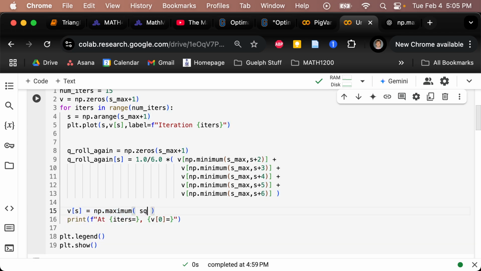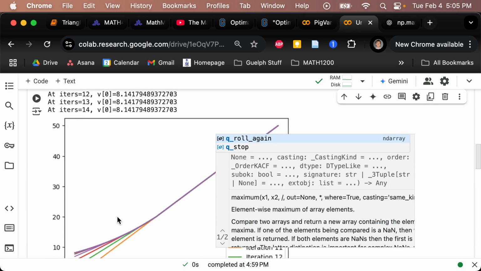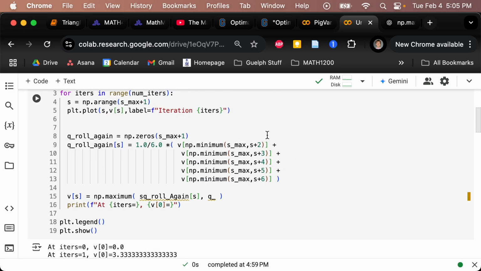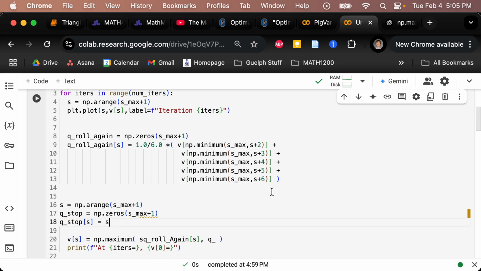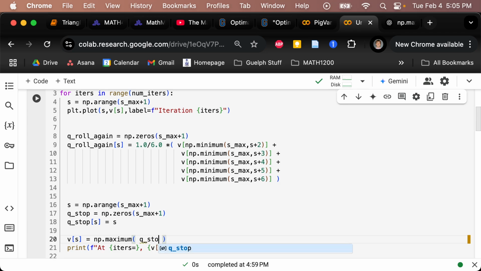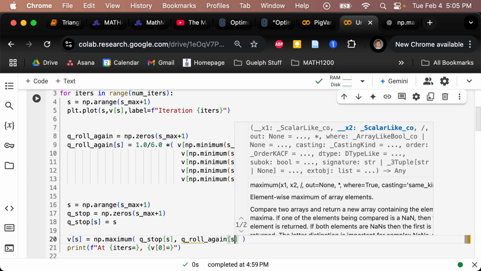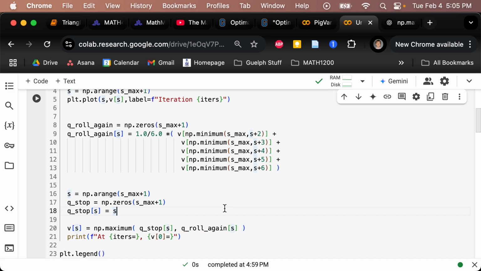It was the maximum of Q stop of S and Q roll again of S. Let me do them in order, so Q stop is first. Okay, and this one you don't even need to write S, but let's just write the S in. So this is exactly what we had before.